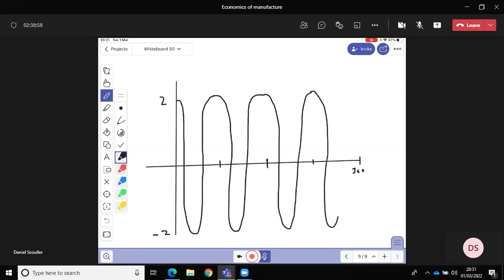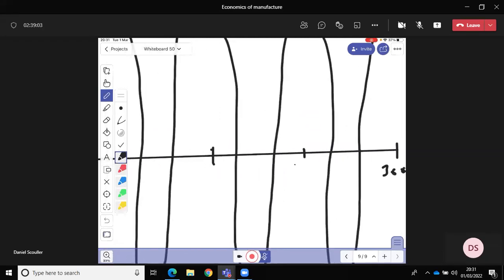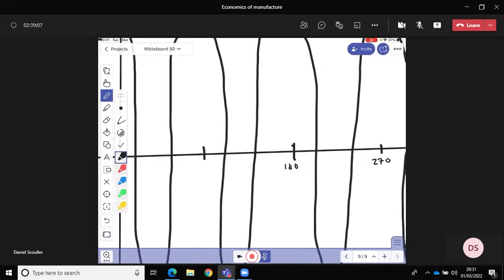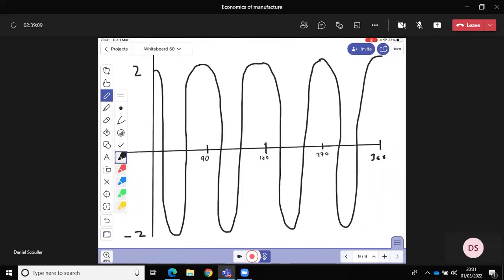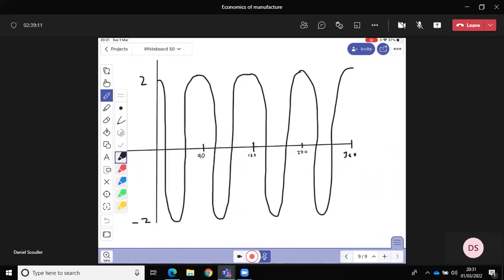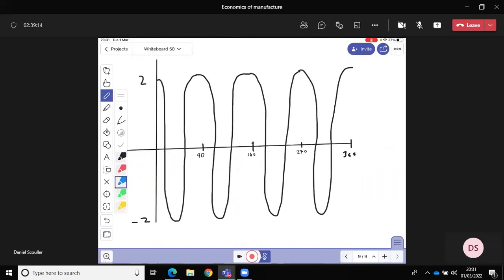Magical graph. Okay, so what have we got here? What are we looking at?